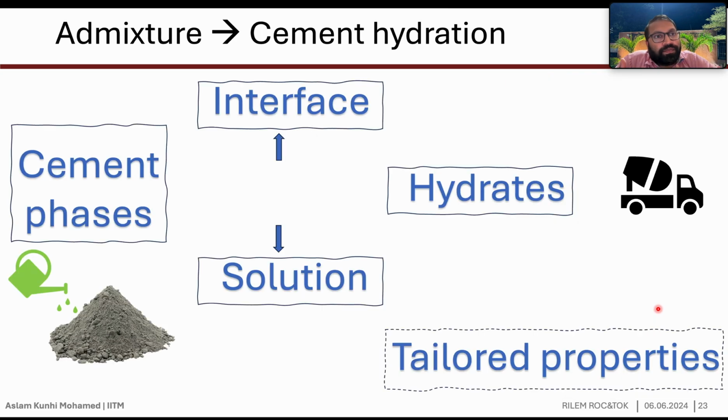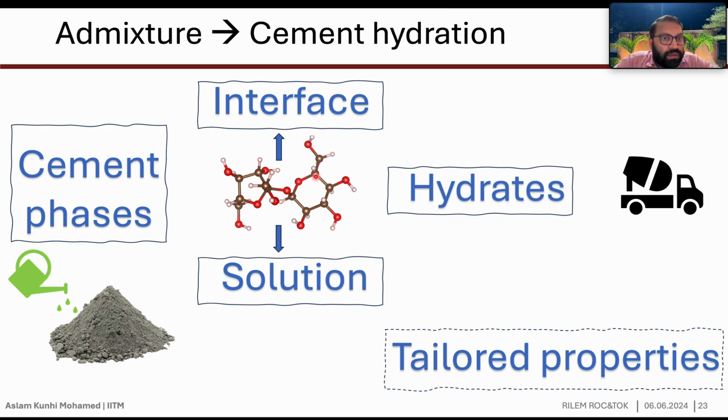How these admixtures interact with the cement hydration, and how exactly they bring about the properties that we require, is still not fully understood. We can suggest that whatever polymer or organic compound we add will either interact with the solution species, or it can also interact with the interfaces, either with the cement or the hydrates, and through this it can bring about the required properties.